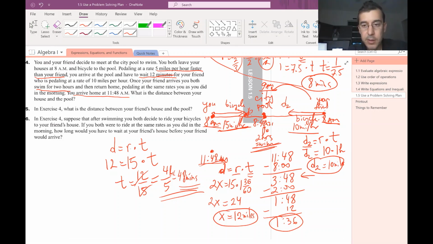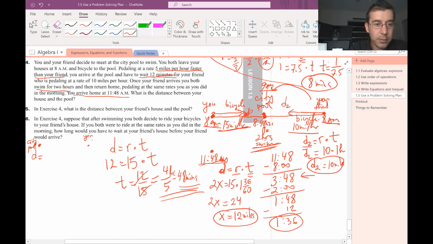Okay. So again, same formula, D equals, so let's, this is the city pool right here. And this is your friend's house. Your friend's house. Now the distance we know is right here, D2, 10 miles. So we know the distance is 10 miles. The formula is D equals R times T.